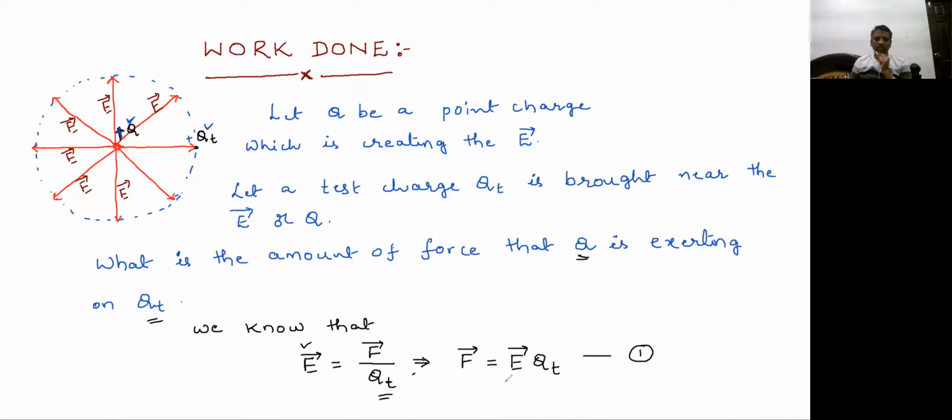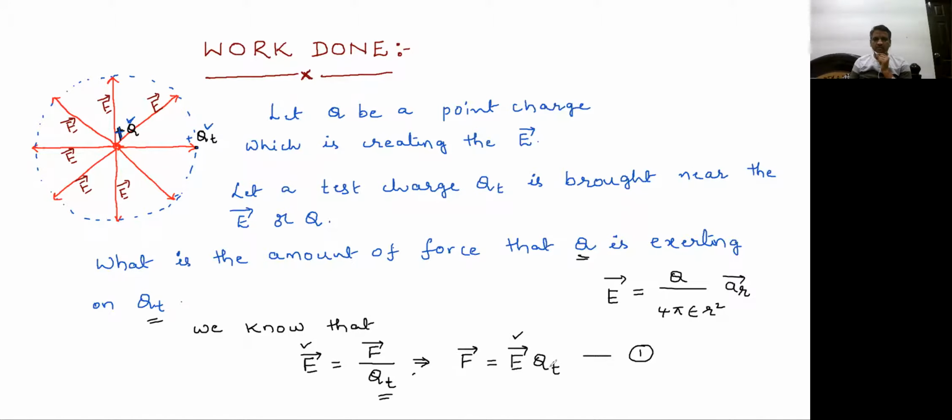It's a very simple relation that we are getting in terms of E and QT, where E is actually Q by 4 pi epsilon r square AR vector. That means if you simply substitute this E vector here, this is Q into QT by 4 pi epsilon r square AR vector. That is nothing but Coulomb's law, which is the force between the 2 point charges Q and QT. We have not done anything new, what we have done is from Coulomb's law itself.